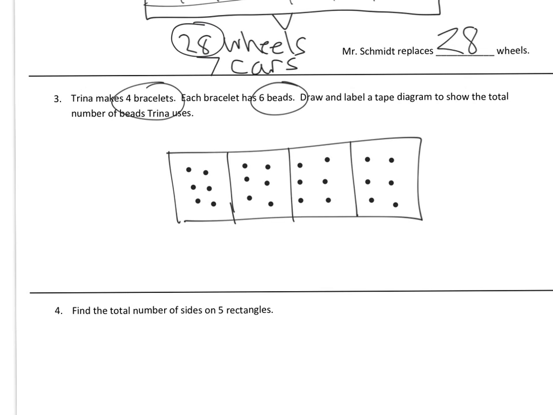Okay. When you're ready, make your bracket at the bottom for our labels. Our label at the bottom is 2 things, bracelets and beads.